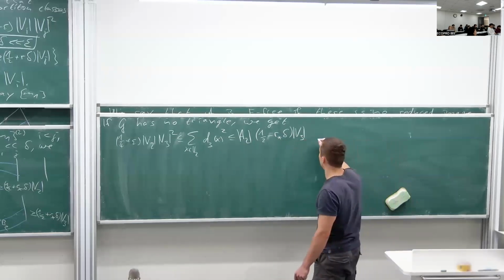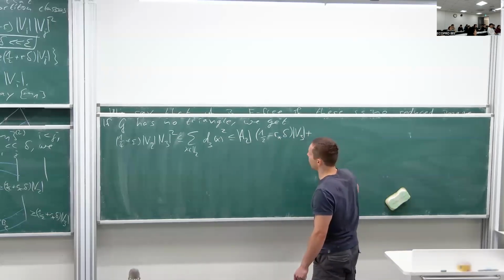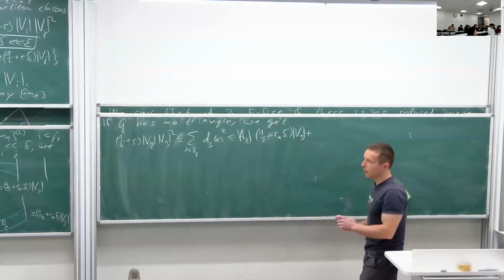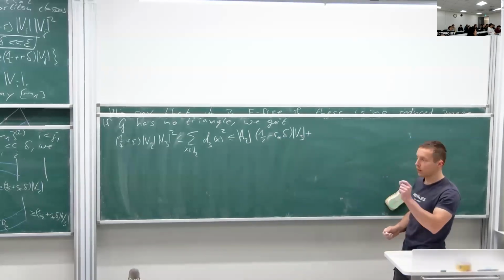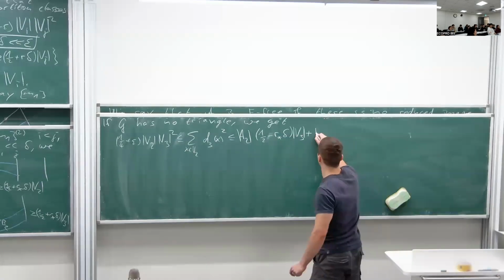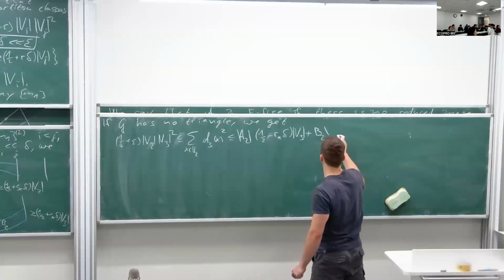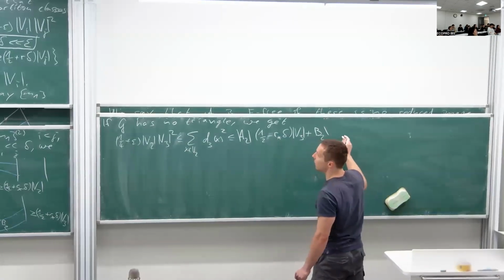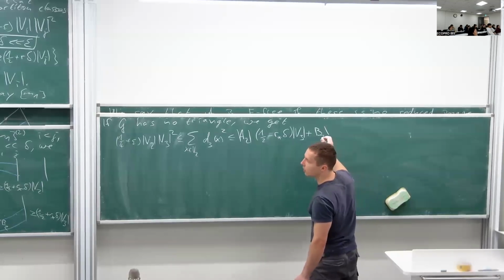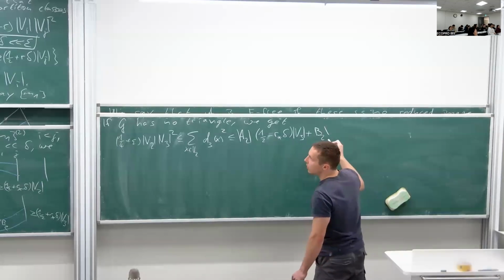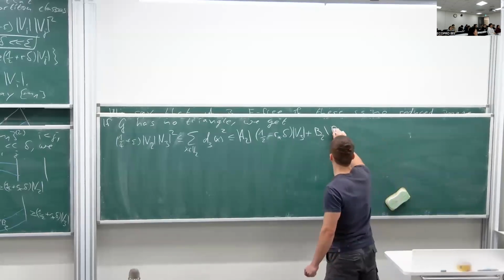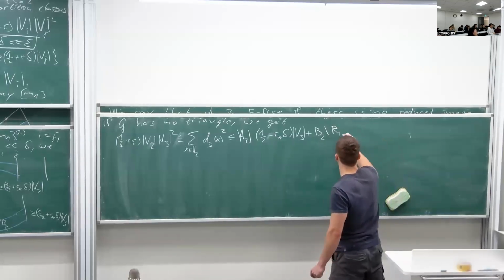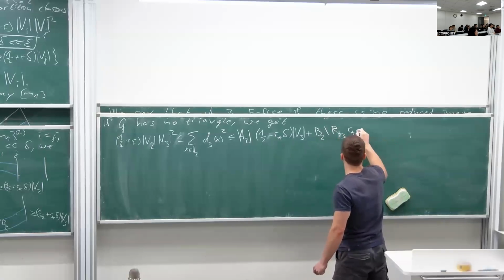And then we sum over the vertices in B2 minus the exceptional vertices, R2,3, R star plus 1.